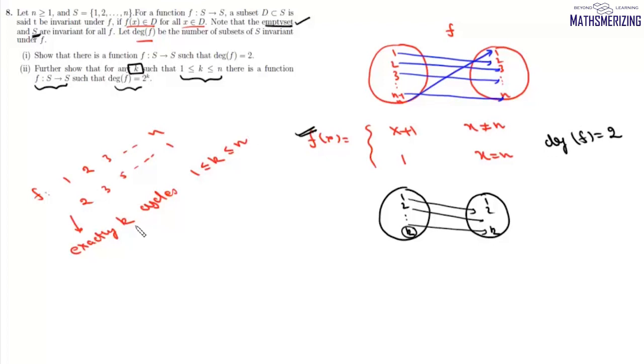Now if we consider each cycle as a subset, then we'll have D1, D2, up to Dk subsets which are disjoint.